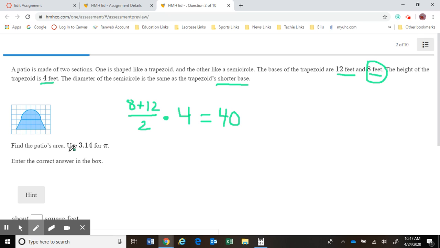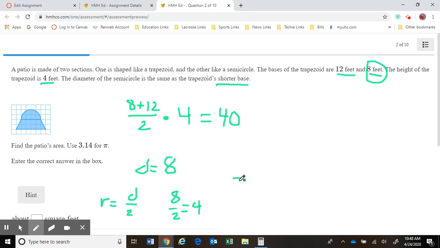So let's find the area of the semicircle now. Again, the diameter is the trapezoid's shorter base, so 8. If the diameter is 8, the radius is the diameter divided by 2. So 8 divided by 2 is 4. And again, this is a semicircle, so we're going to have to find half of it at the end.